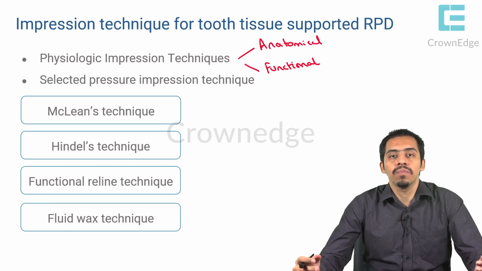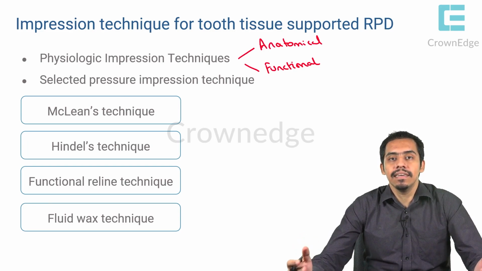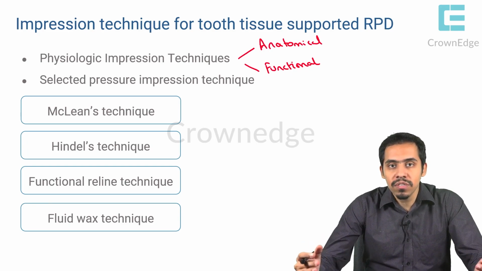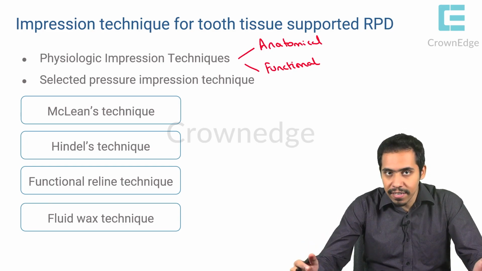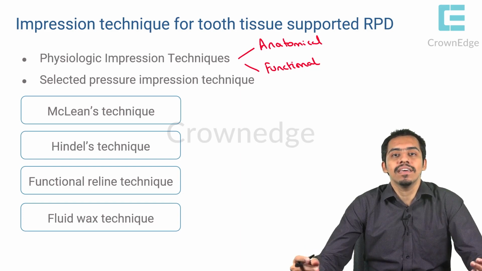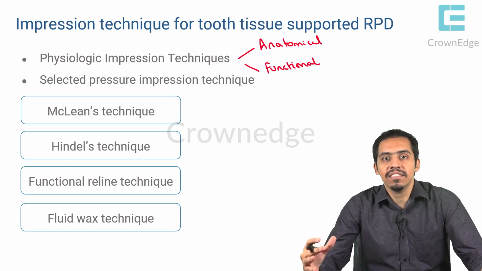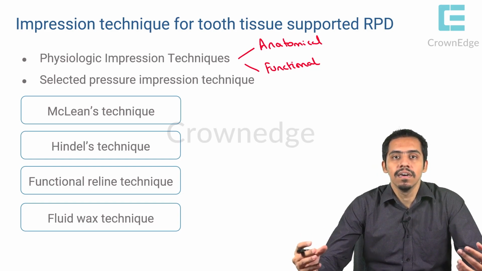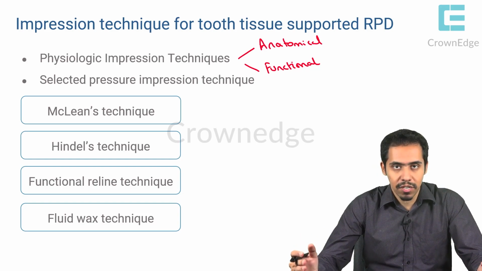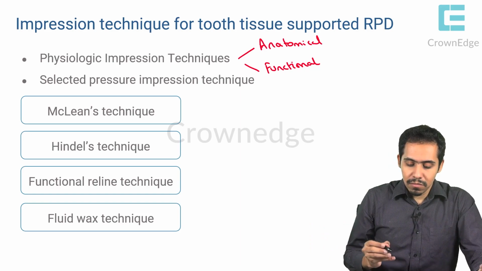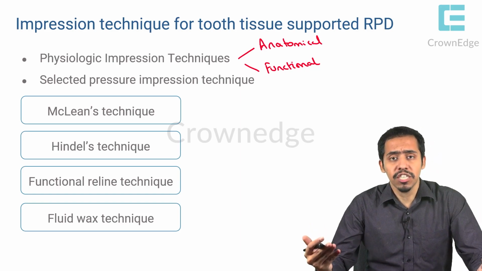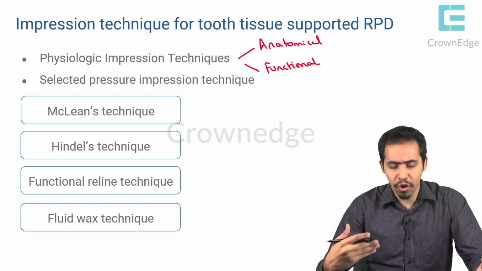All right. So one thing that has to be made clear is that the tissues are not always at rest, nor are they always under stress. So we need an impression technique that takes both these scenarios under consideration. So ideally, under physiological impression technique, we have 4 different techniques.